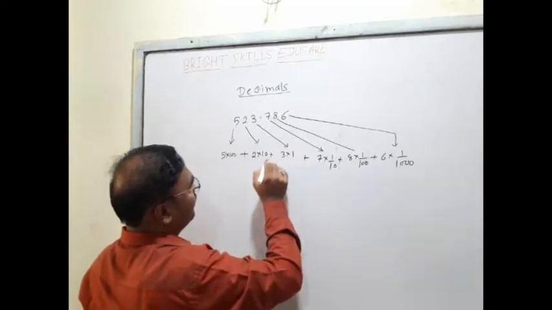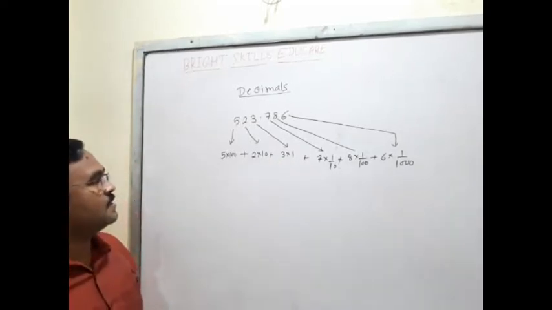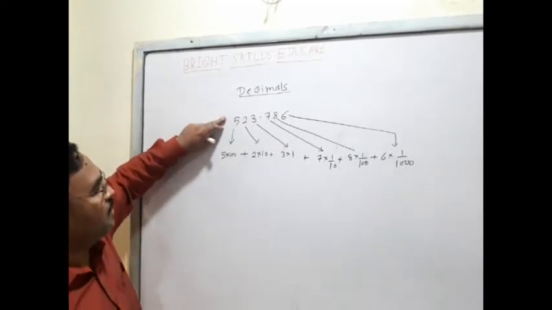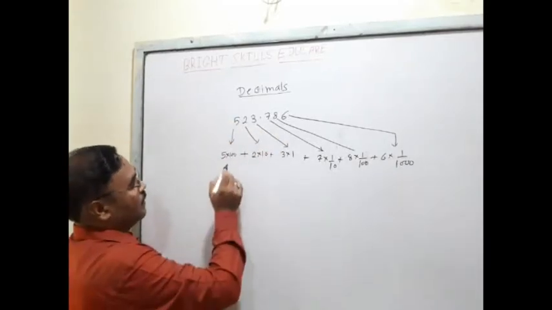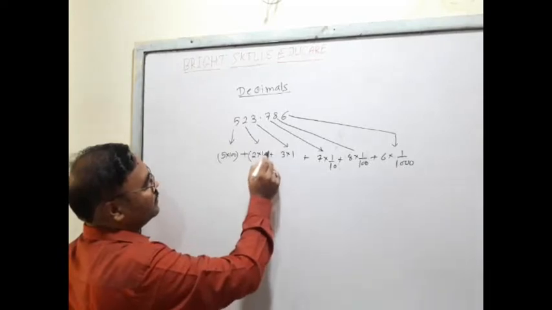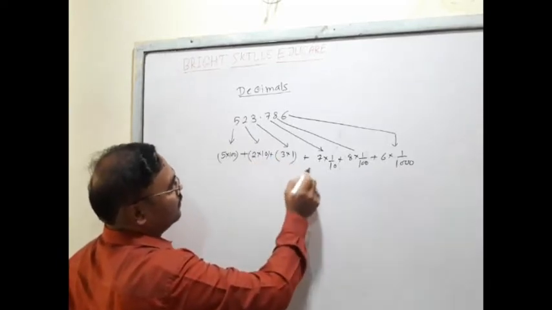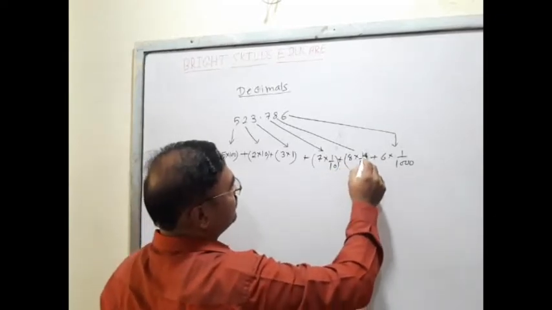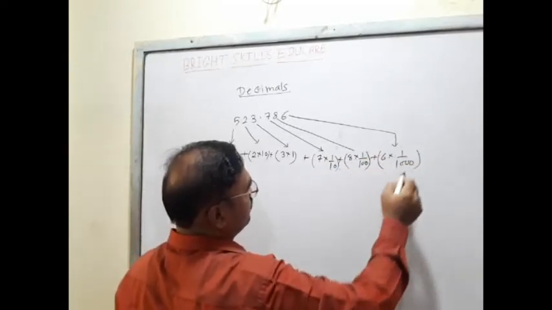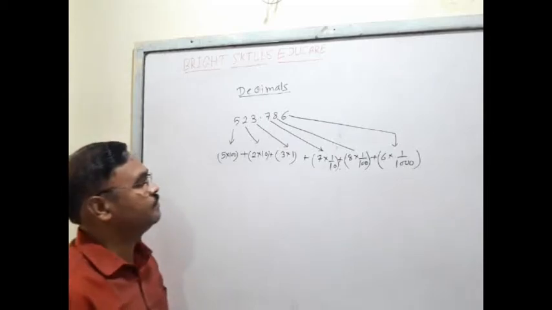Plus sign is between them. This is the expansion of the number 523.786. See carefully, 500, this is 20, this is 3, this is 0.7, this is 0.08, and this is 0.006.